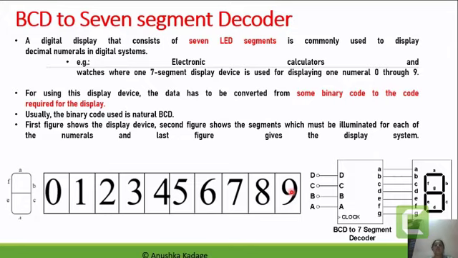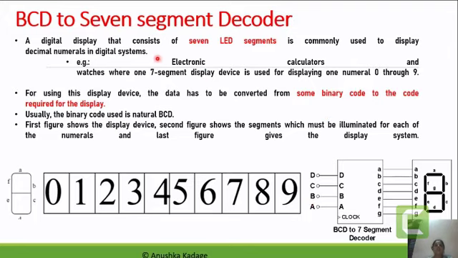To represent the binary conversion of 0 to 9, I need 4 bits for each decimal digit. So one decimal value is represented by a 4-bit group binary BCD value.